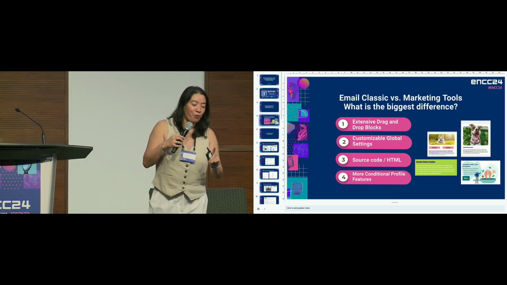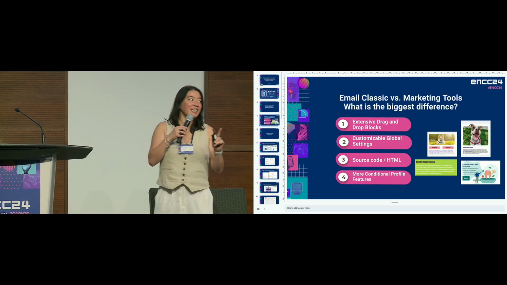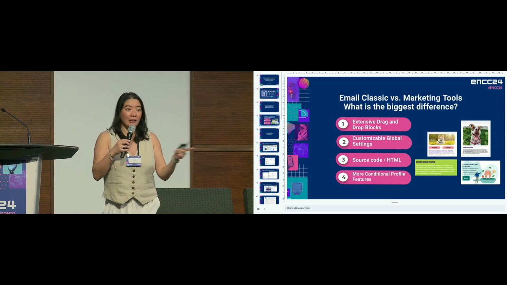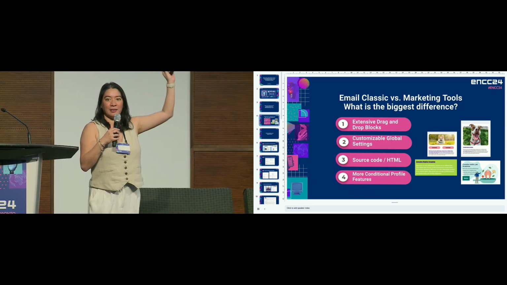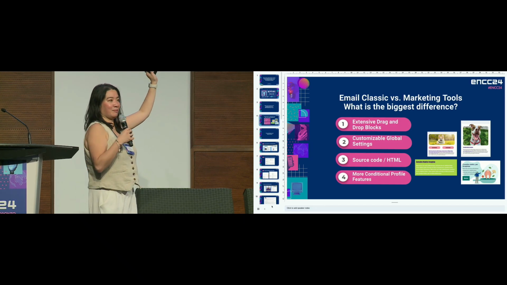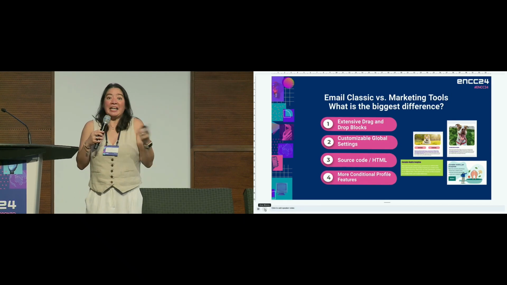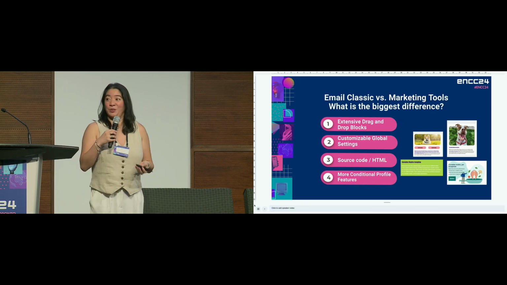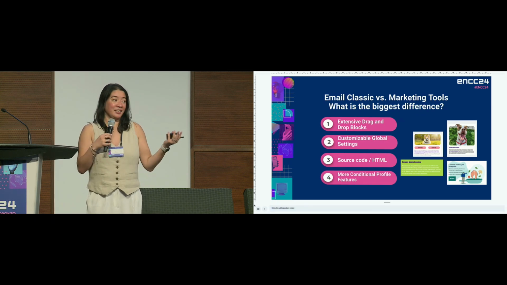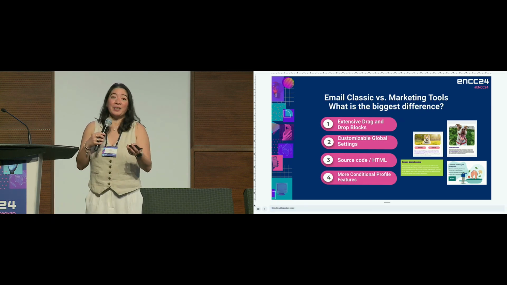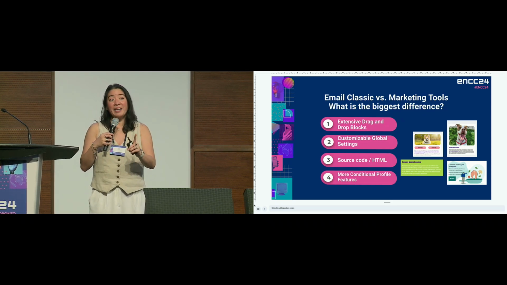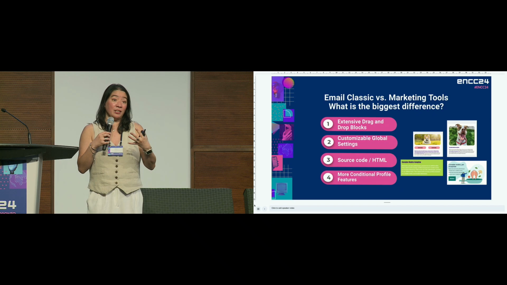More conditional profile features. Who is using conditional profiles in, I'm hoping, all their emails? Anyone aware of what the conditional profiles are? Basically, you build your groups, your lists, and then you can create one campaign, and based on that campaign, you can segment it on your profiles.